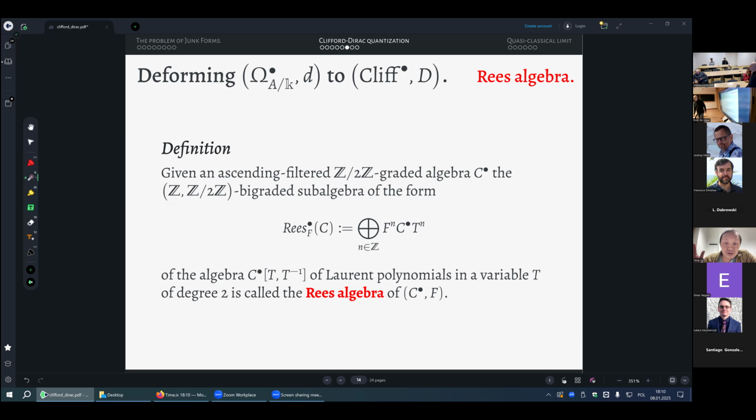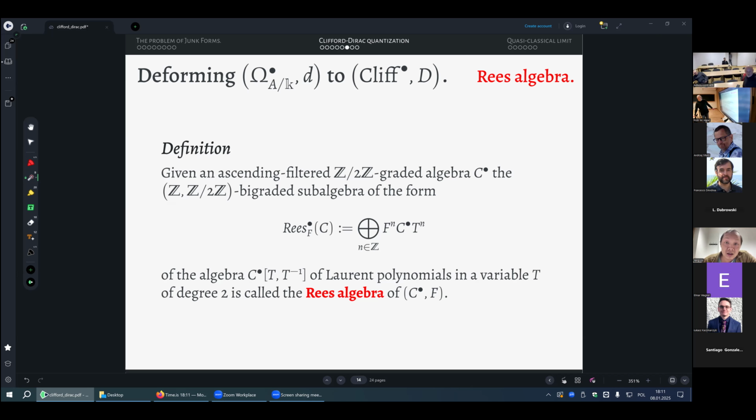So can you just make sure my understanding of this notation is right? You take this algebra C, and then you make polynomials, right? And then for this Rees algebra, you require that the coefficient of t to the power n belongs to the nth filtration of this algebra, right? So that's the meaning of this Rees algebra.